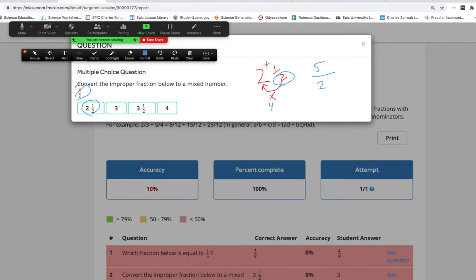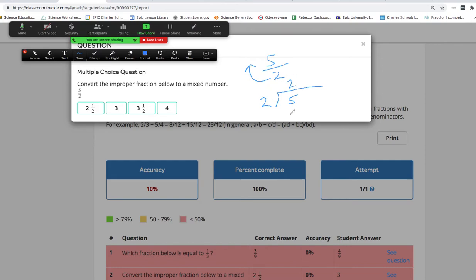If you didn't know how to do that, you could do it a different way. You could say 5 over 2. And this is how I always remember how to set this up: you take the denominator and you make a little arrow and you point it like this. So you know the 2 goes on this side and then you have the 5. Well, 2 will go into 5 2 times.